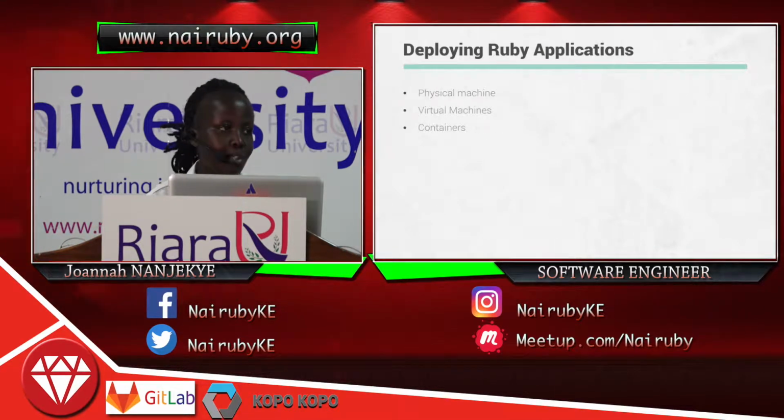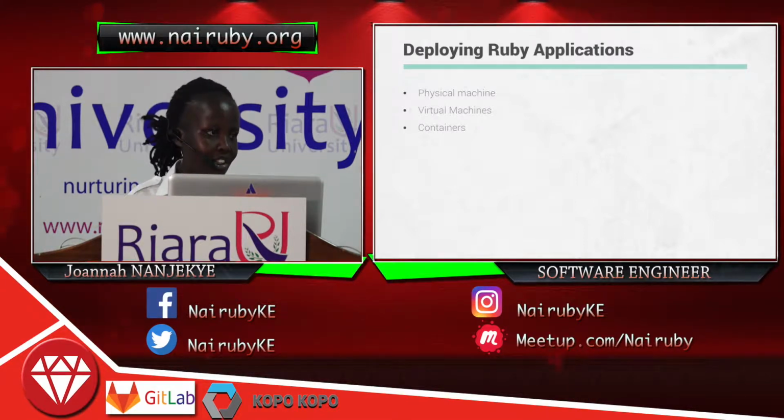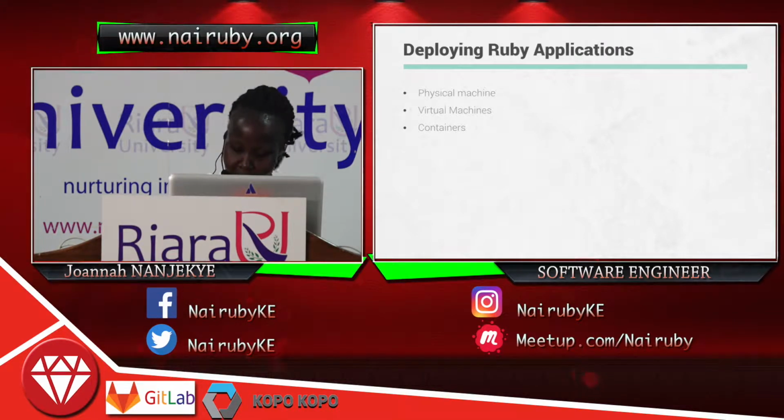Currently, if you want to deploy an application, you probably think about 3 things. You may think of deploying your application on a physical machine, or a virtual machine, or containers, which I can elaborate on later.